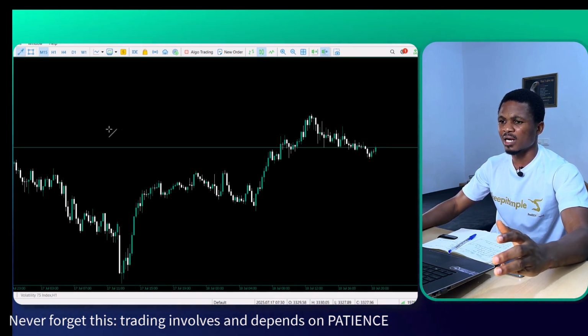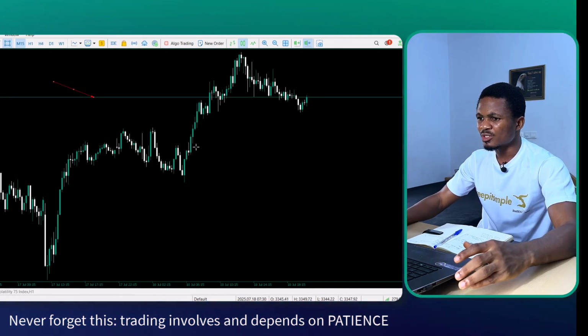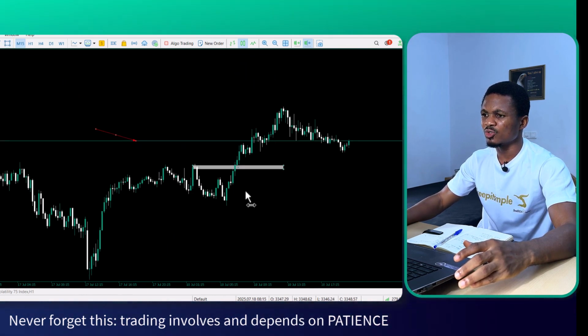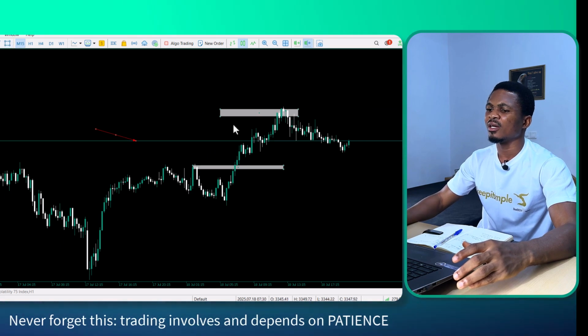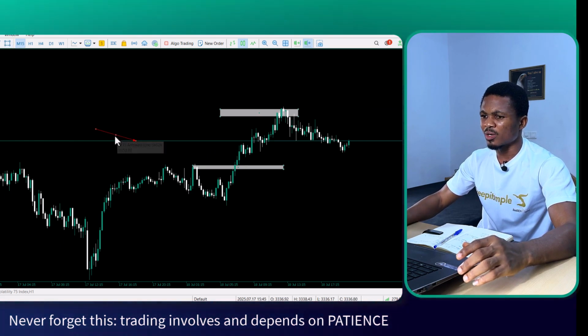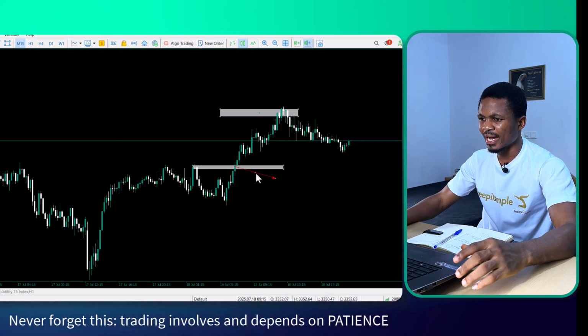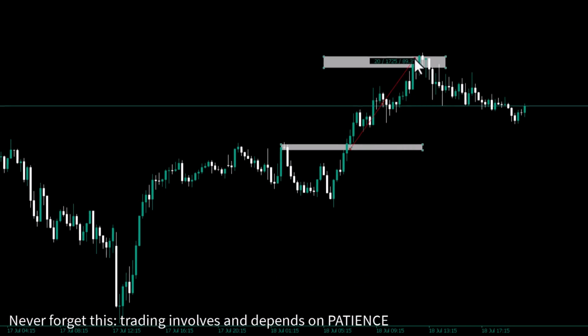I'm going to use this particular arrow to start from where I am entering the trade. So I'm entering the trade from here and I am raising it to this level.